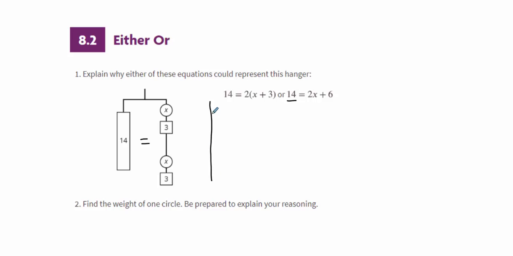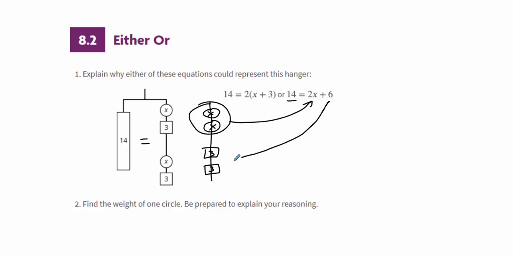I'm just going to move the 2 x's up here. And then I have the 3 and the 3 together is 6. So I have 2 x's plus the 6.